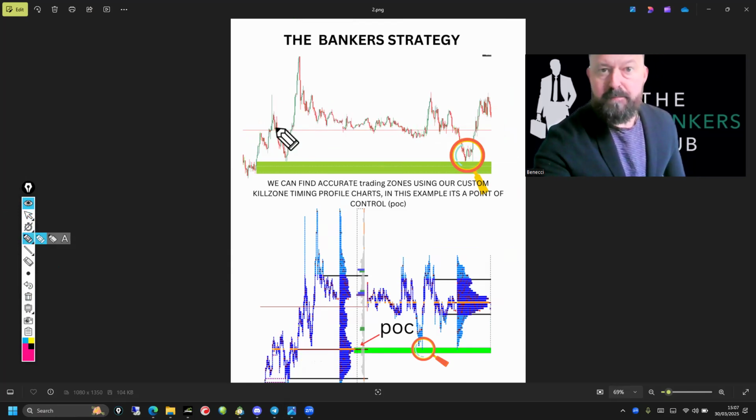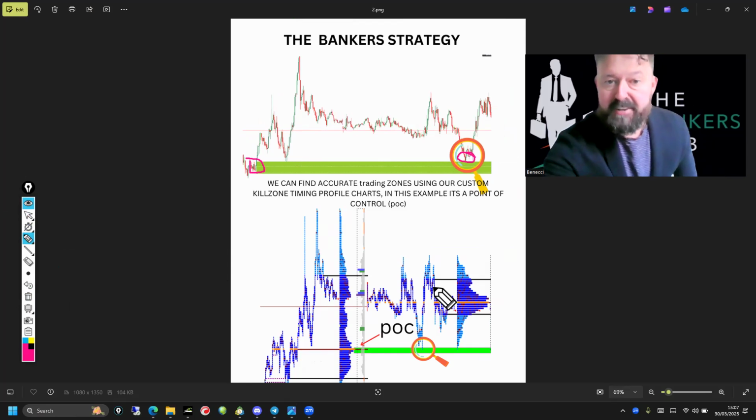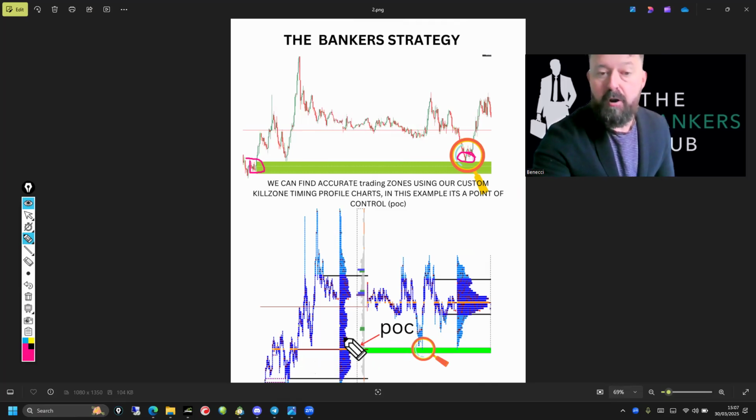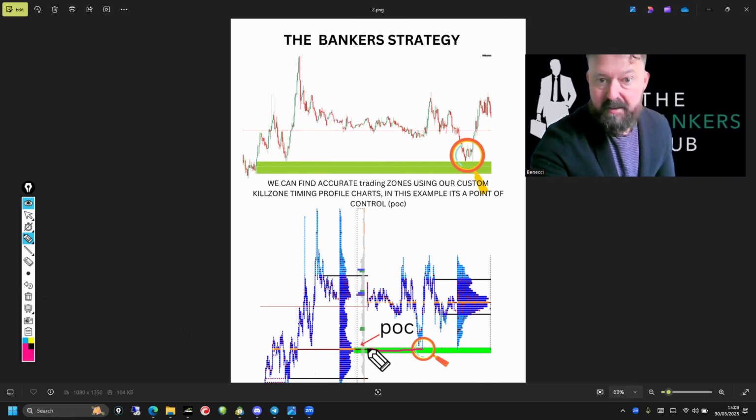So obviously, 5 minute candlestick chart, we've rejected from this area here, which is the area of demand. Now we can use straight away our market profile charts, and this is a level generated by the software that's called a point of control. Right there, and as you can see, we came down, tapped into it to the pip, literally pinpoint accuracy.